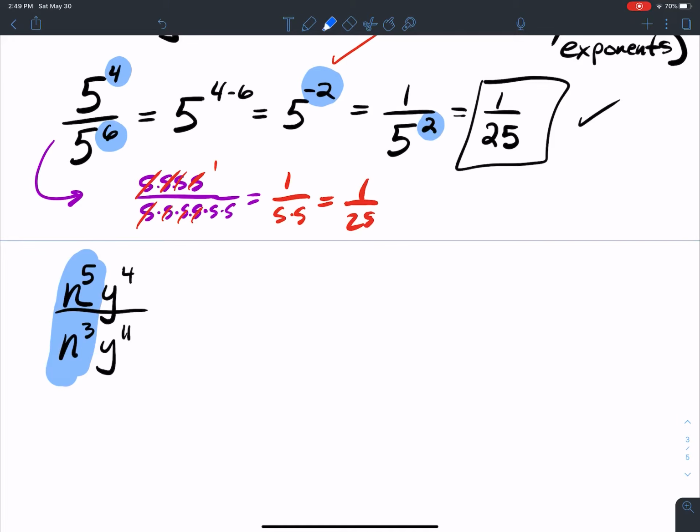I got 3. And with y's, I have 4 up top and 11 down low. With the n's, there's 5 up top, 3 down low. Who's going to win that fight? There are going to be 2 n's up top that win, so there are 2 more n's up top than there are down low.